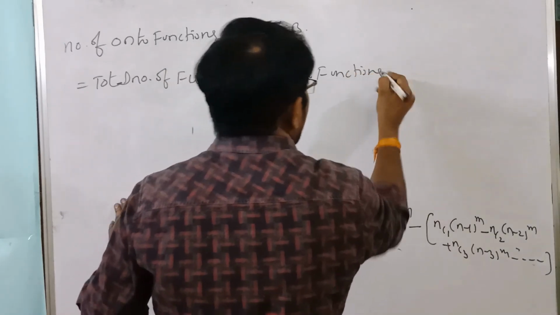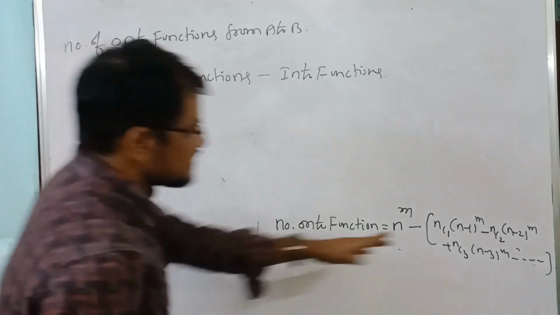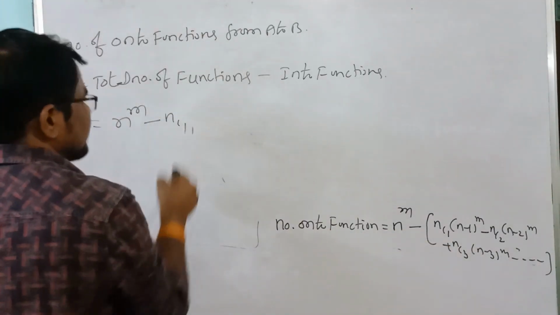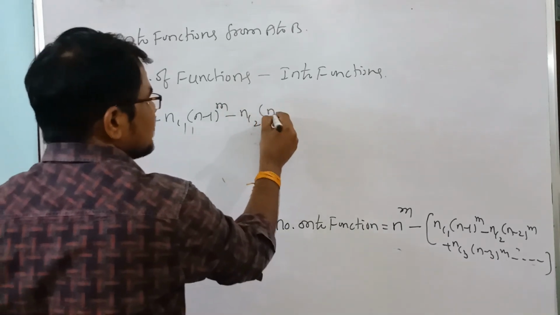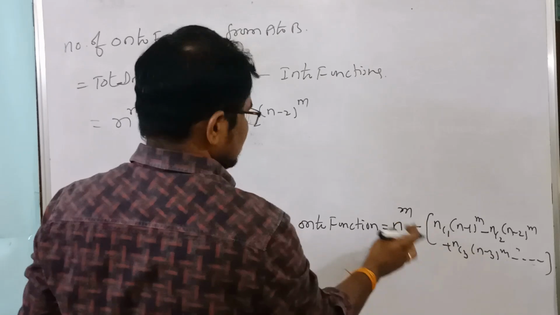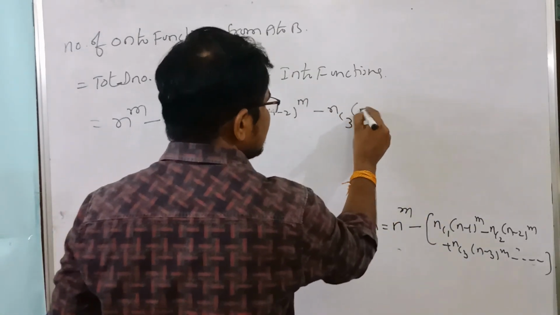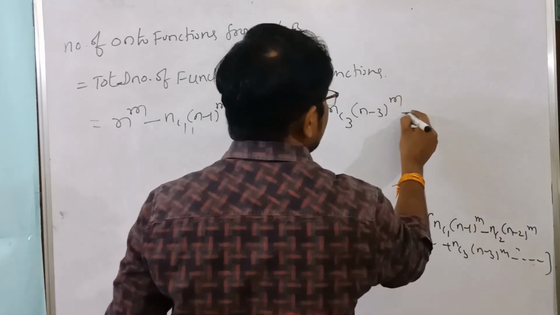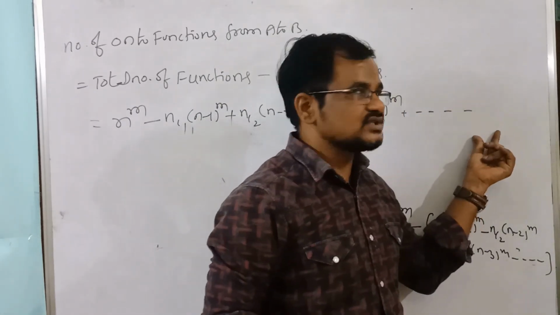into functions, that is, total number of functions N power M minus NC1 N minus 1 whole power M, minus NC2 N minus 2 whole power M. Then plus NC3 N minus 3 whole power M, and so on, up to NC N minus 1, the last term.